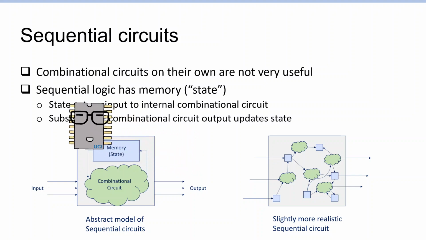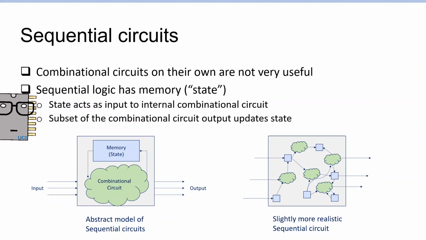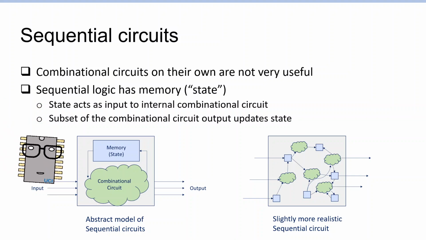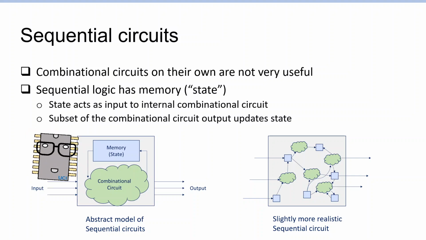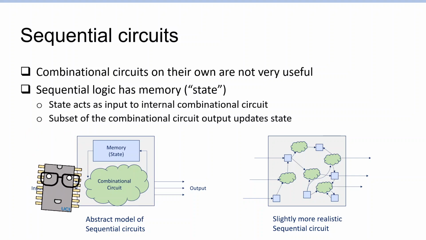Right. The state acts as input to the internal combinational circuit, and a subset of the combinational circuit output is also used to update state. So what we see on the left here is an abstract model of sequential circuits consisting of a bunch of memory elements and an internal combinational circuit.